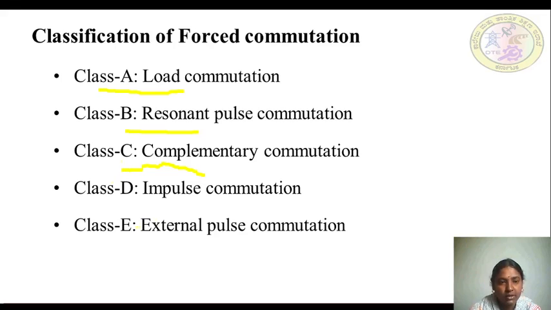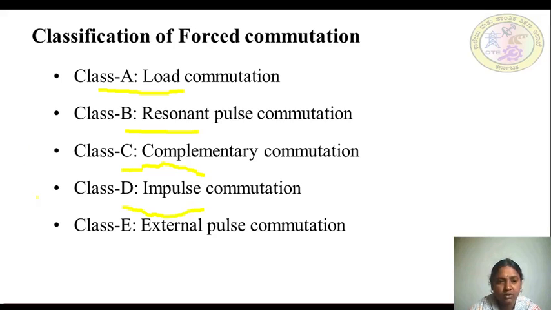Hence the name complementary commutation. The fourth one is impulse commutation. This is also called class D type of commutation. This impulse commutation method is also called auxiliary commutation because an auxiliary SCR is used to apply a reverse voltage across the main SCR, turning off the main SCR.